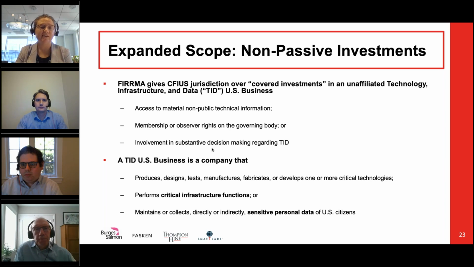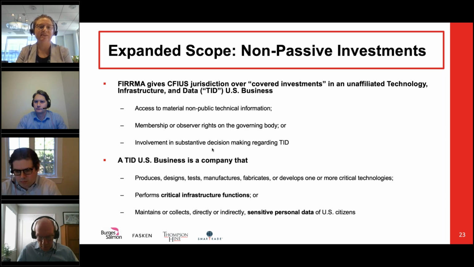But if you've got a technology company, a software app that has lots of personal data, you do need to look at this. And the thresholds, like we said, like access to material non-public technical information, that's going to be the right to access something beyond the financial statements that's related to the technology, or related to the data and the plans for using the data.